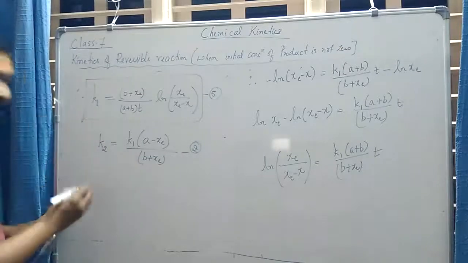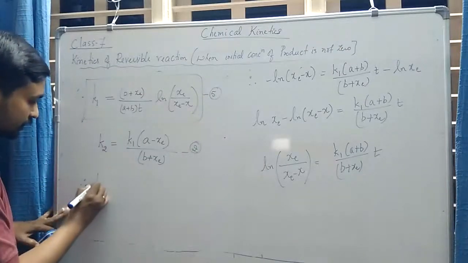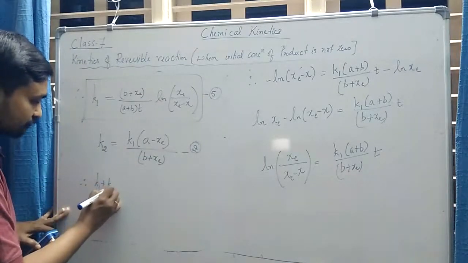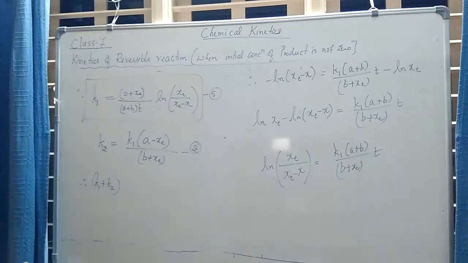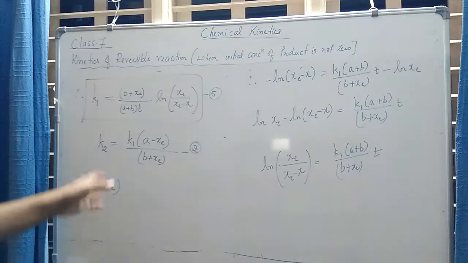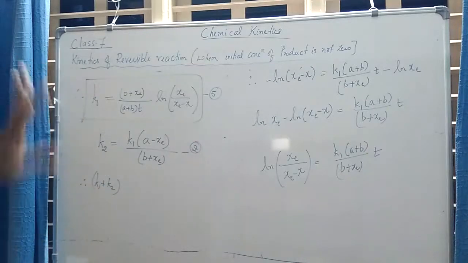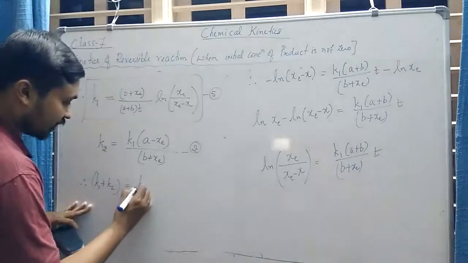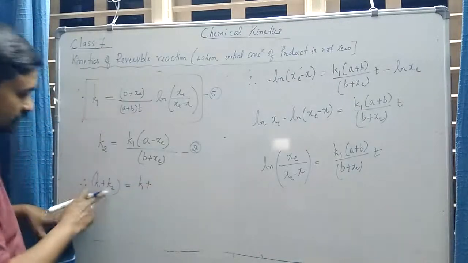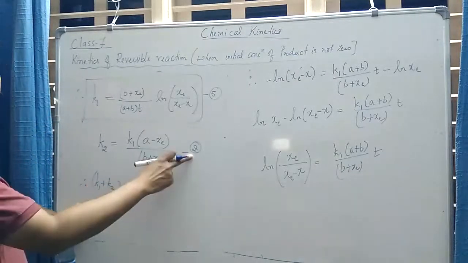So let me directly find out k1 plus k2. If you remember, in the previous example also we found out the overall rate constant k1 plus k2 of a reversible reaction. So we can find out the overall rate constant k1 plus k2 of this particular reaction also. So this is nothing but k1 plus, what is k2 according to equation 2?